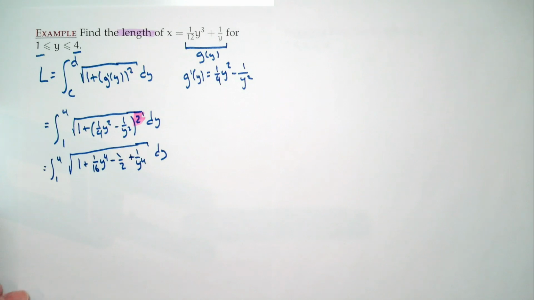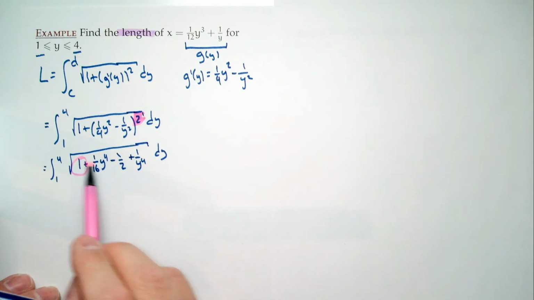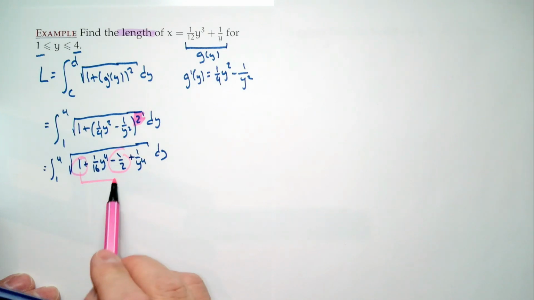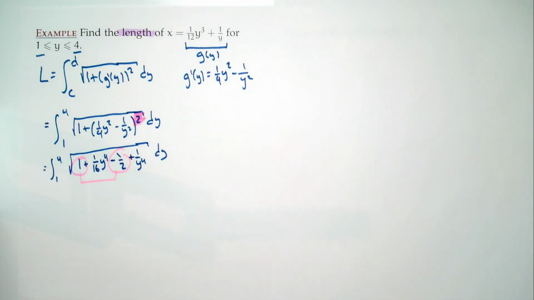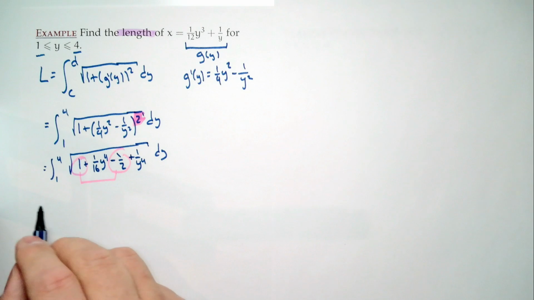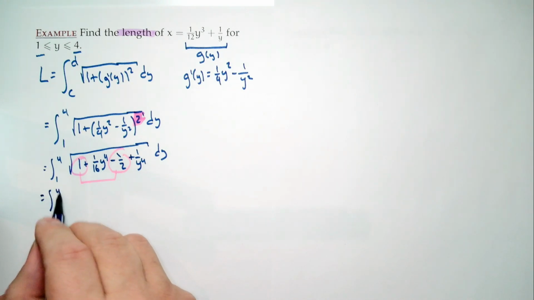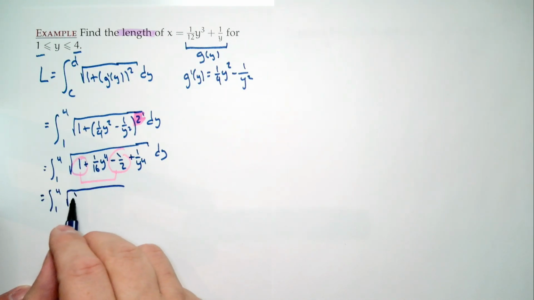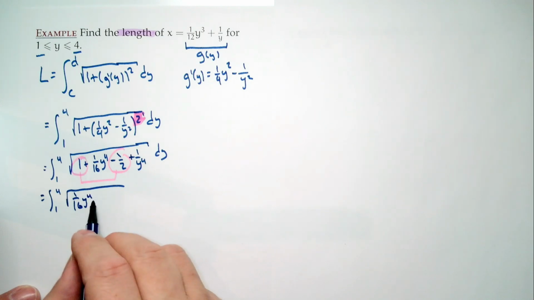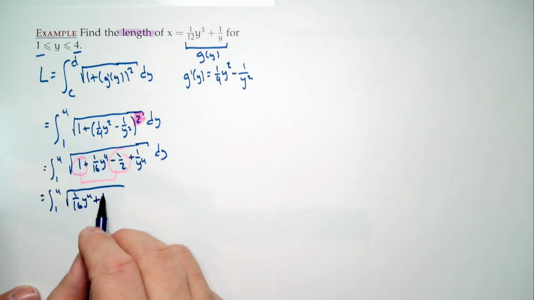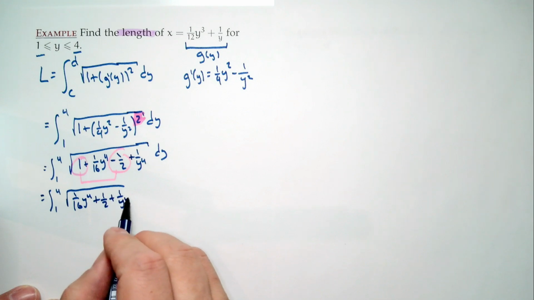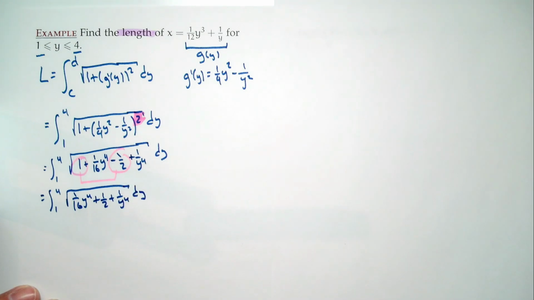Now, can we do anything else to simplify? The 1 and the 1/2 can combine together. That's convenient. All right. 1 to 4 square root of 1/16 y to the 4 plus a half plus 1 over y to the 4 dy.